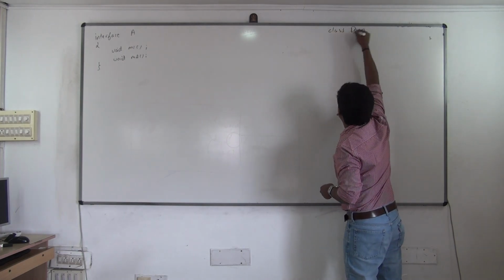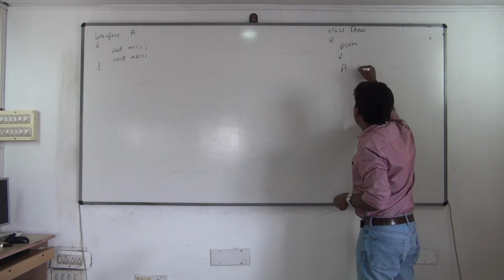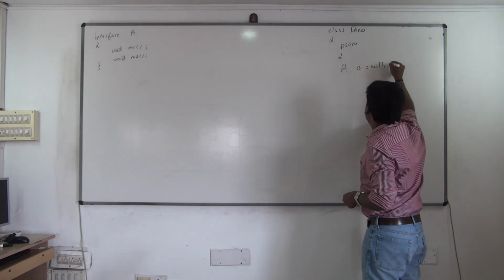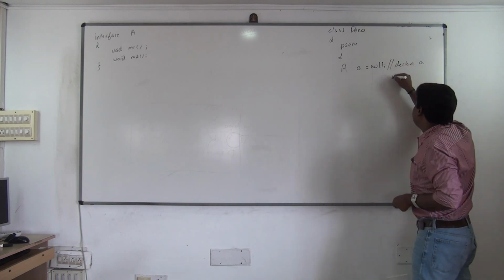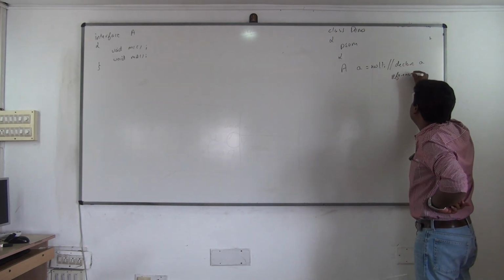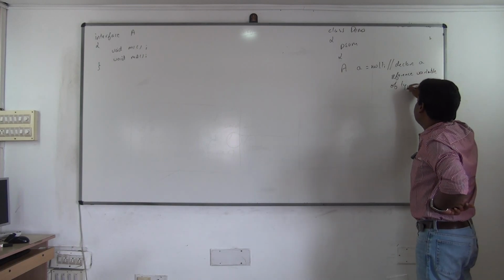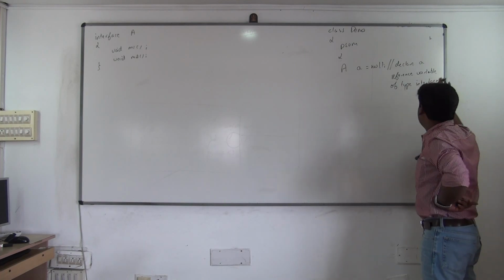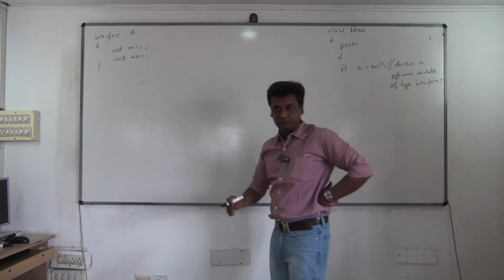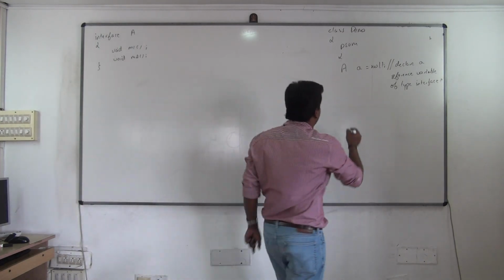Let's see this. Class demo, public static void main. See this, A is equal to null. You can definitely declare a reference variable of type interface. This is 100% possible. You can declare a variable of any data type, but you can't create an object.